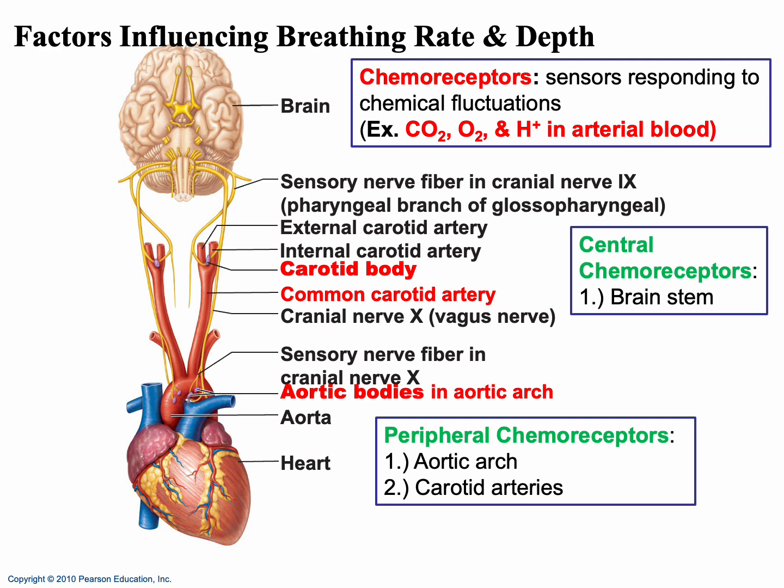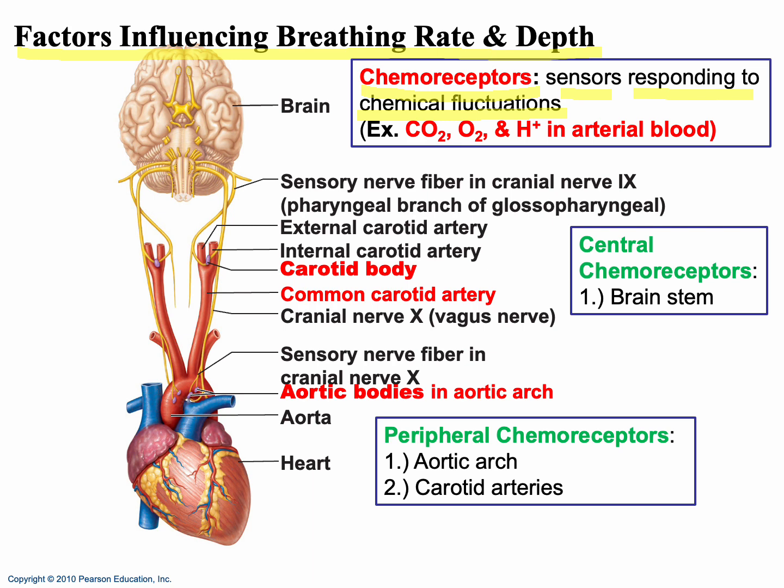We now take a look at factors which are going to influence your breathing rate and depth. And so that gets us to looking at what are known as chemoreceptors. Chemoreceptors are sensors which respond to chemical fluctuations.